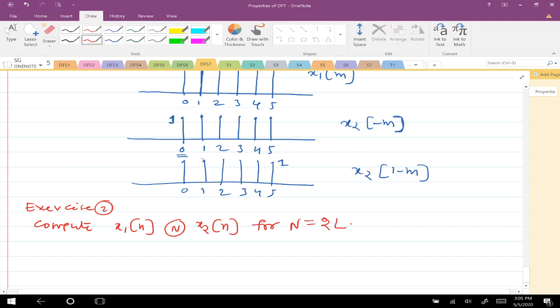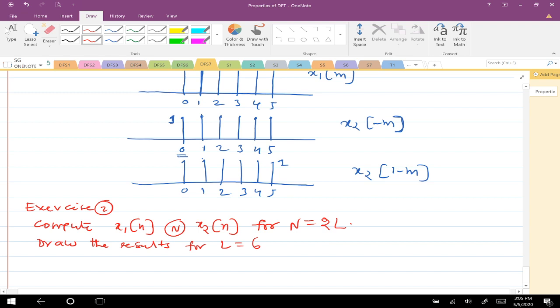Then also draw the results for L equal to 6.